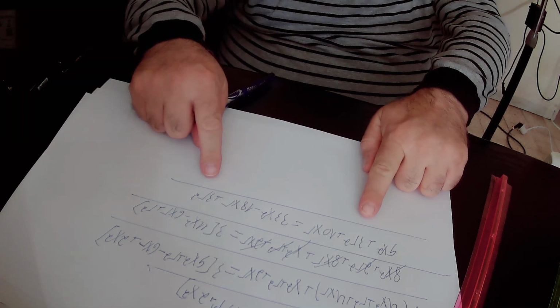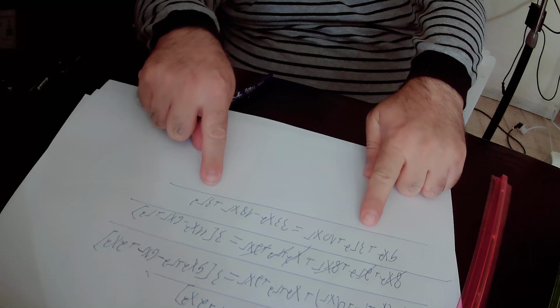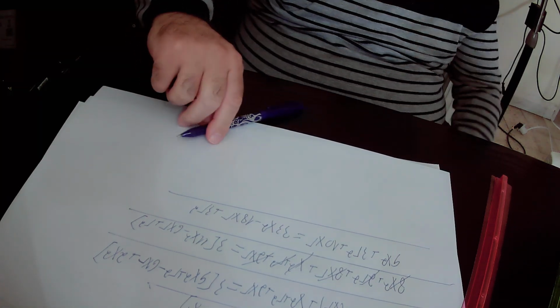So we have here 3r squared on both sides of the equation, so 3r squared will get cancelled.